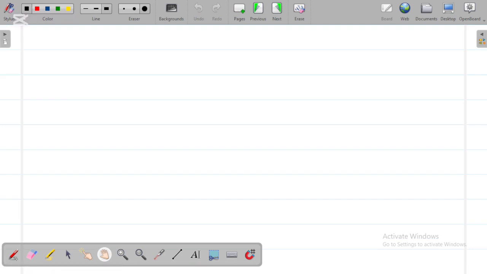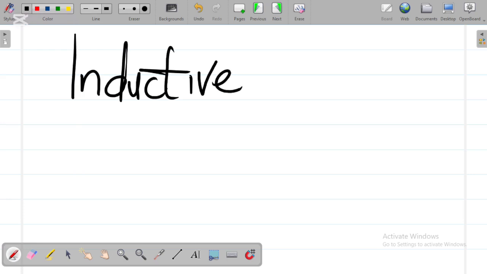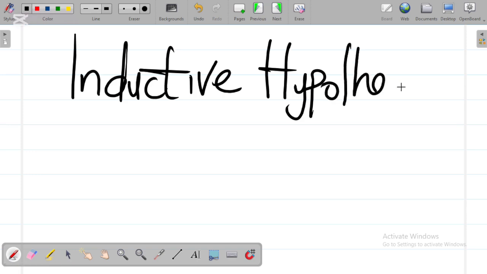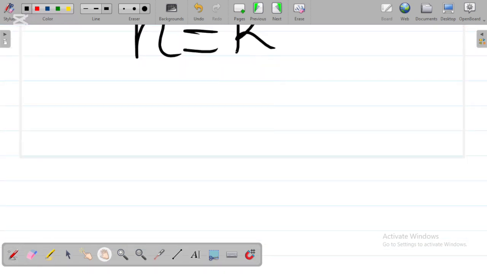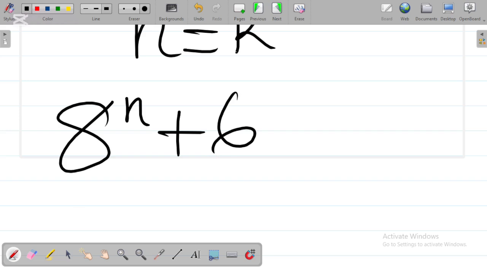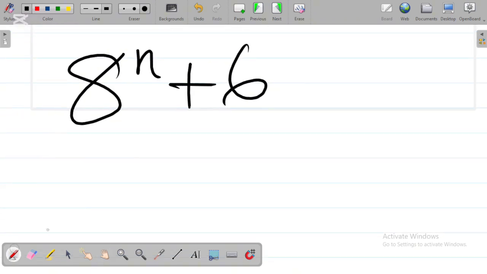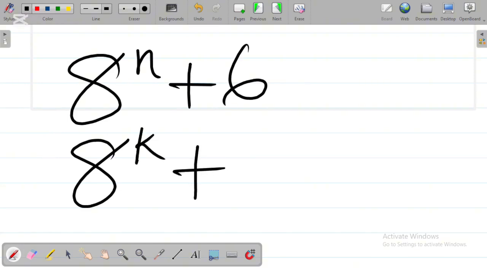All right, the next step is the inductive hypothesis. For the inductive hypothesis, n is equal to k. So wherever we see n, we substitute k. So we have 8 raised to the power k plus 6.